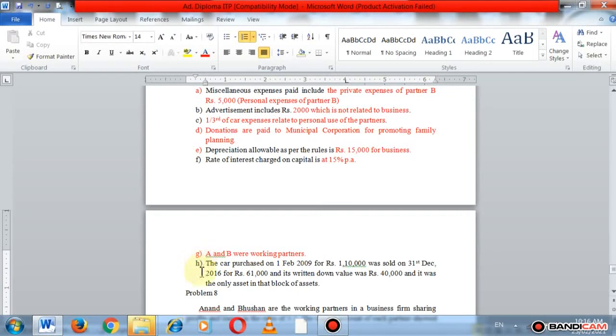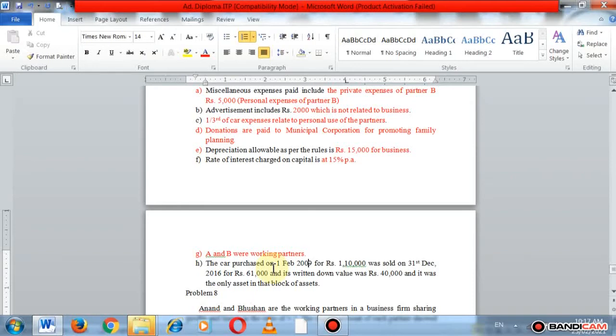Then the last adjustment: the car was purchased on 1st February 2009 for rupees 1,10,000, and was sold on 31st December 2016 for rupees 61,000, and its written down value was rupees 40,000.